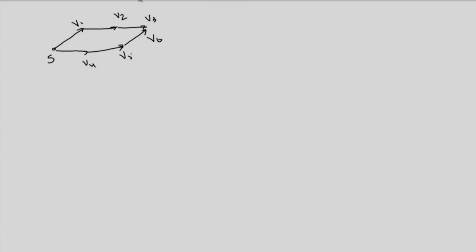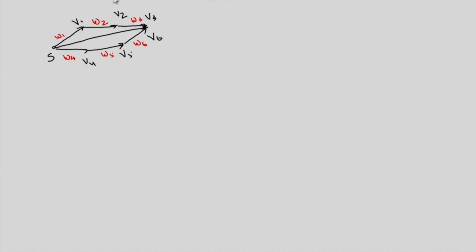We will also give names to the edges and their weights W1, W2, W3, W4, W5, W6. It also helps to have an additional edge here to make the graph a directed acyclic graph. So let us say this is W7.